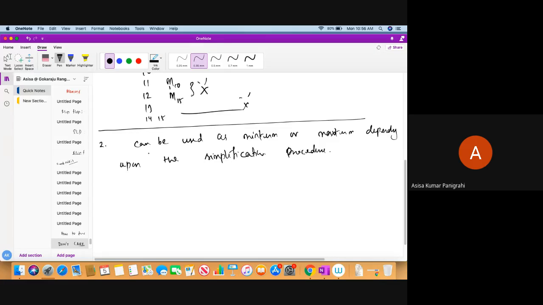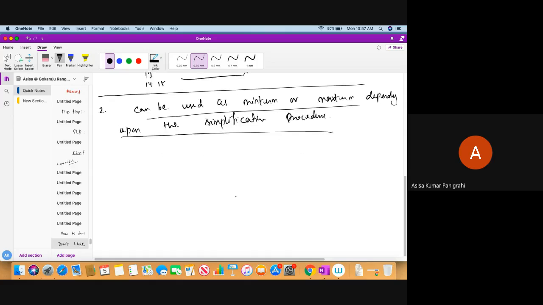Let's say you are simplifying SOP, meaning min terms, then don't cares will be represented as min terms. If you are simplifying POS, meaning max terms, then don't cares will be represented as max terms. Do you all understand? We'll see all these things, don't worry.